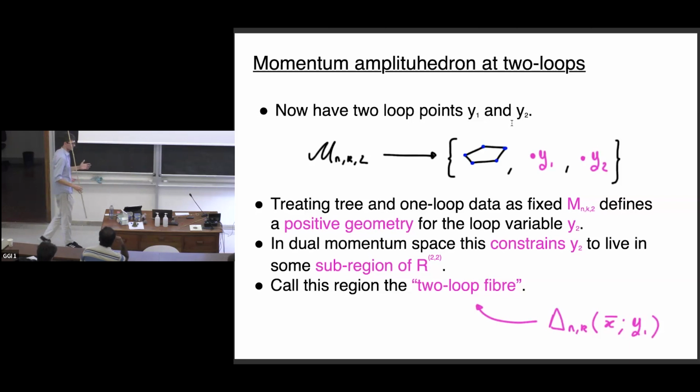So just to recap, because I keep saying words that you've never heard before, we have our null polygon, the one loop fiber in which Y1 lives, and the 2 loop fiber in which Y2 lives. And I want to define this 2 loop fiber for you now.